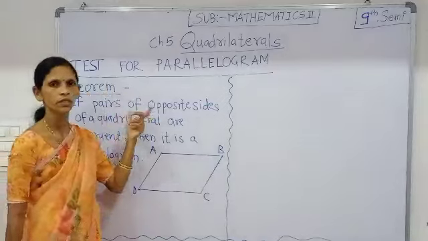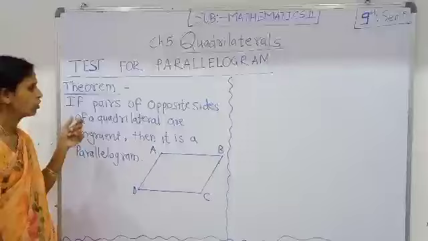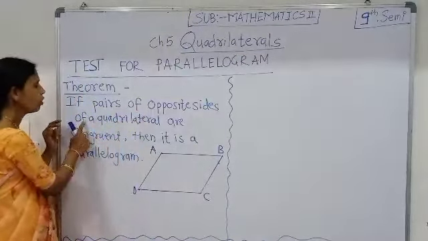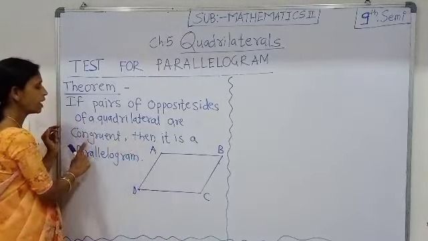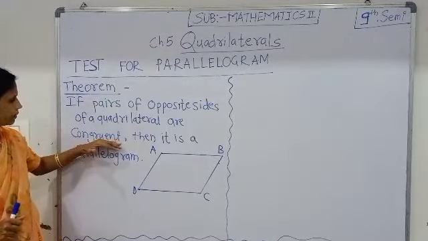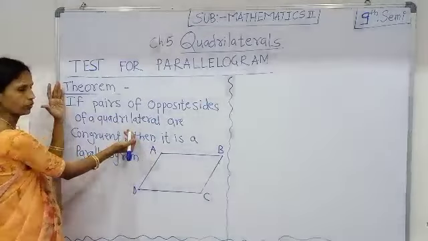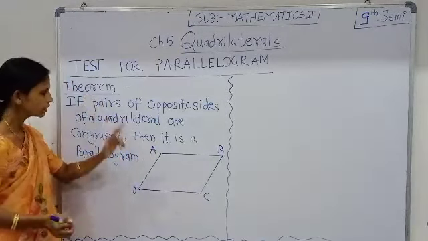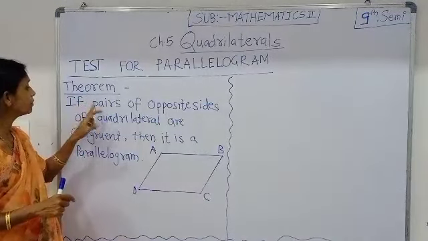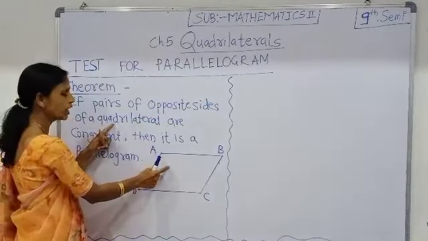One of the tests for parallelogram is, see here, if pairs of opposite sides of a quadrilateral are congruent, then... see here, in this property, the part given after 'if' is the given part, and what is given here is that pairs of opposite sides of a quadrilateral are congruent.